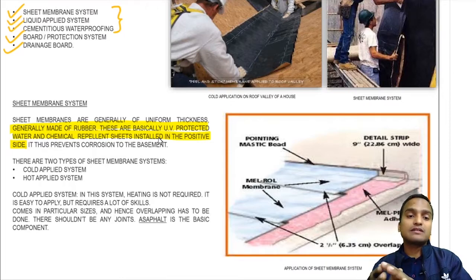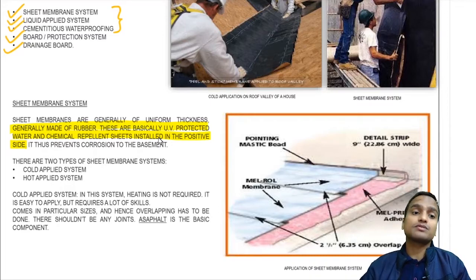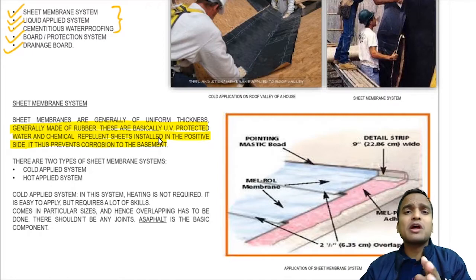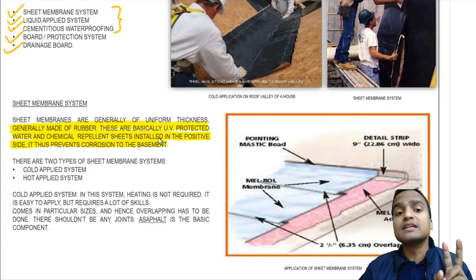All the RCC elements are done over these sheet membranes. That's why it is positive side, and it thus prevents corrosion to the basement. Of course the water will not be allowed entry from the very beginning, so there is no chance of corrosion of steel reinforcement.